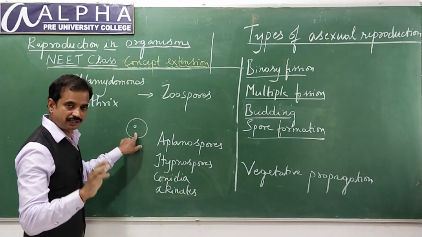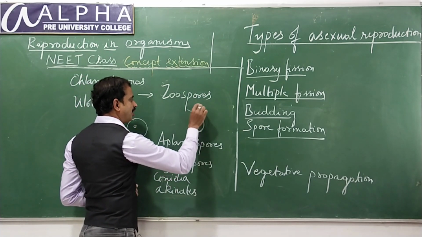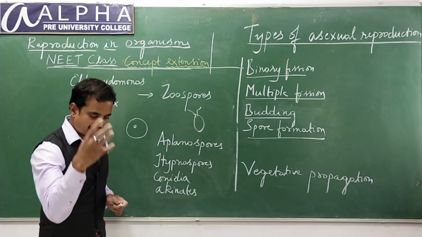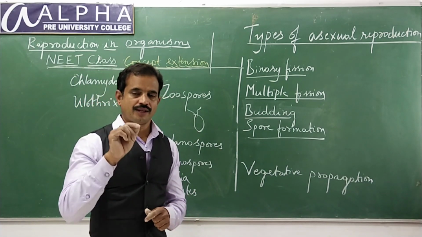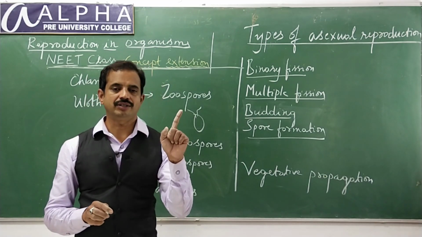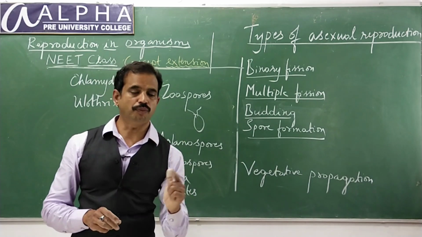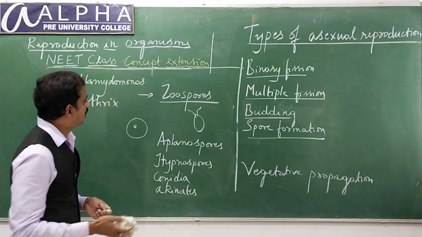These thin-walled unicellular structures sometimes may possess flagella like this, and when they are having flagella, they can move from place to place, and these flagellated motile thin-walled unicellular structures, the spores, are called zoospores, and these zoospores are motile.